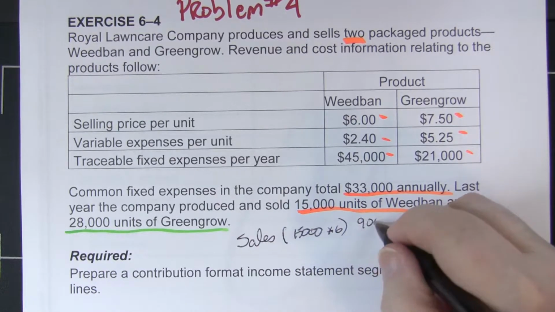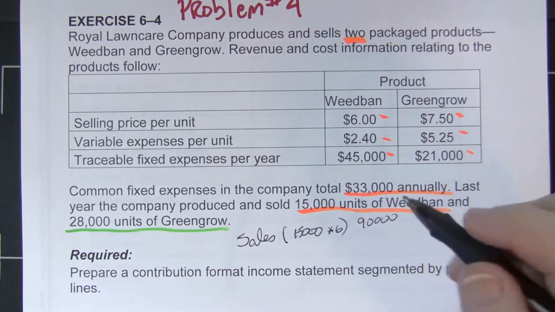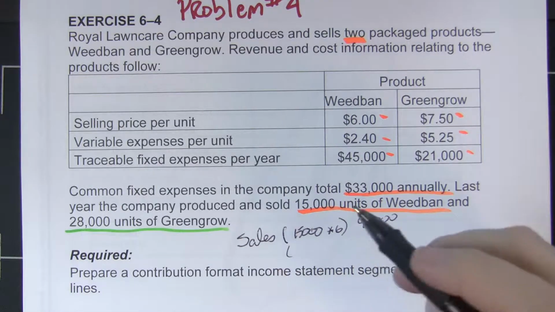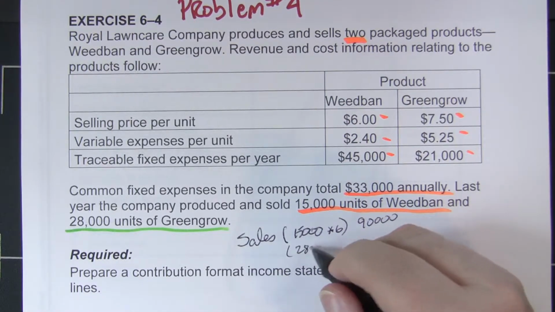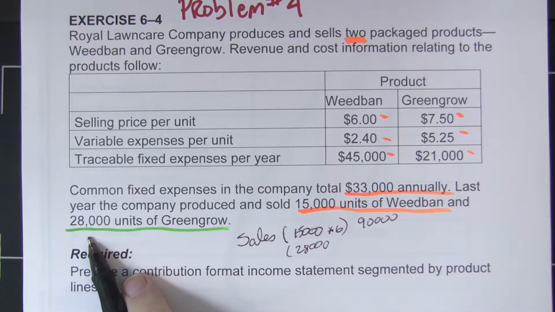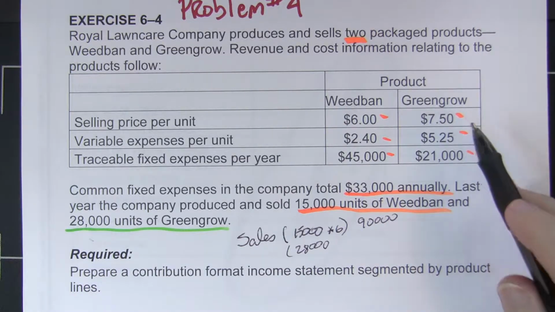That's 90 grand. And then for the Green Grow, we had 28,000 units, and that was $7.50 per unit.